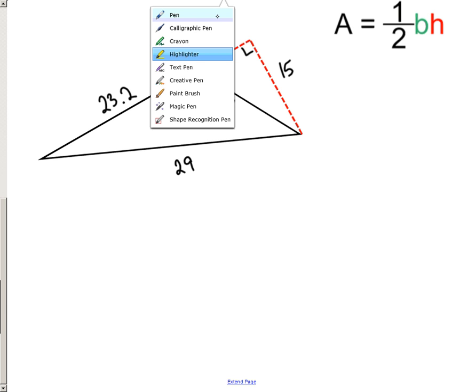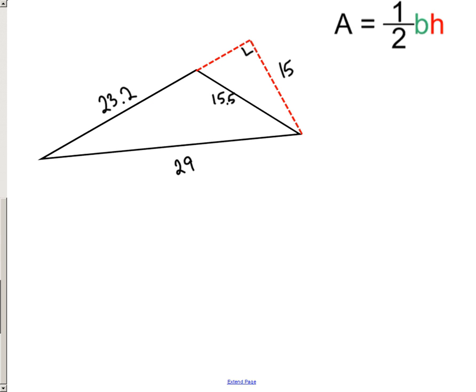Again, what it comes down to is the following. You need to be able to find the base and height. Well, as it sits right now, it looks like this is at 29 for the base. The problem is that if you quickly just latched onto this and said this is your base, which one's your height? It's not 15.5. It can't be, because it's not at 90 degrees to the base.